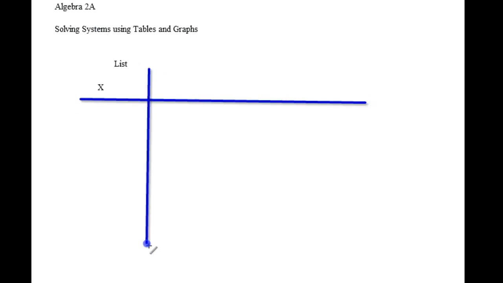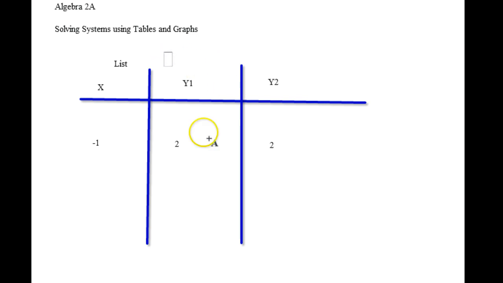Okay, so I have my X values over here on the left. And then you would have your Y1 and Y2. Okay, and you would look at the list of numbers, and you would soon find that there would be a -1 here, and there would be a 2 here, and a 2 here. Okay, and obviously you would have some different numbers in between, but when you get this magical situation, this is your answer for your table.